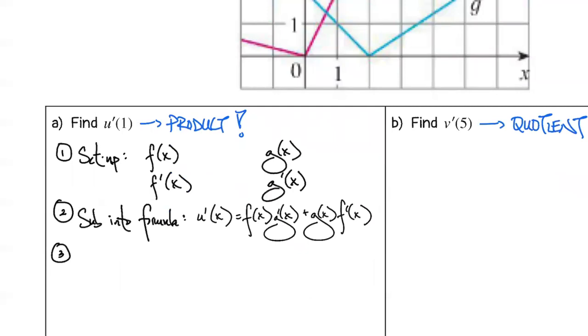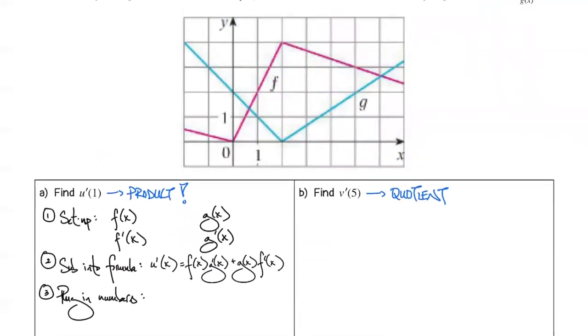Now, because we've been so very patient, now we plug in the numbers. Now, in particular, what number am I going to replace x with? Great. We're going to replace every x that we see with a 1. So because this is a 1, everywhere I see an x, I'm going to be able to put a 1.